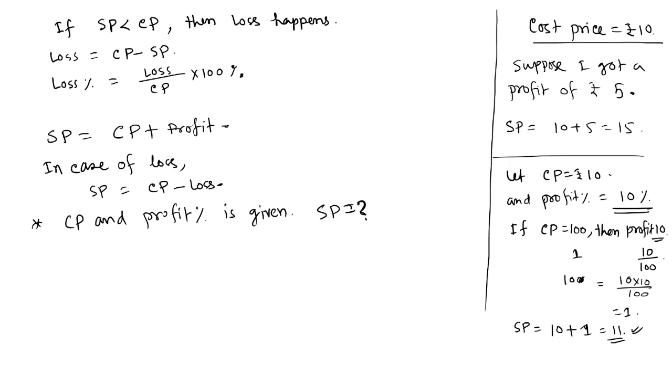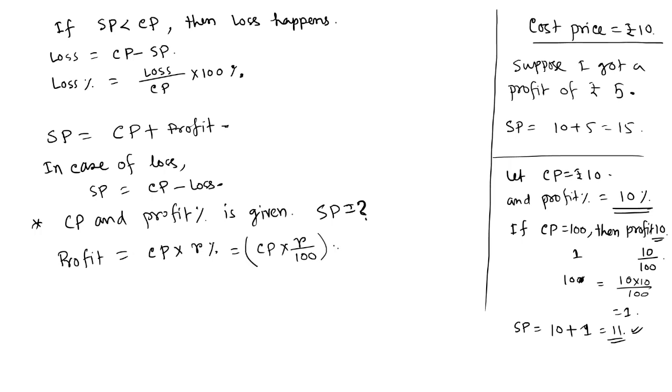So, actual profit equals the CP into the percent amount. Let us say the profit is R percent. So, that means CP into R by 100. This is the actual amount of profit.